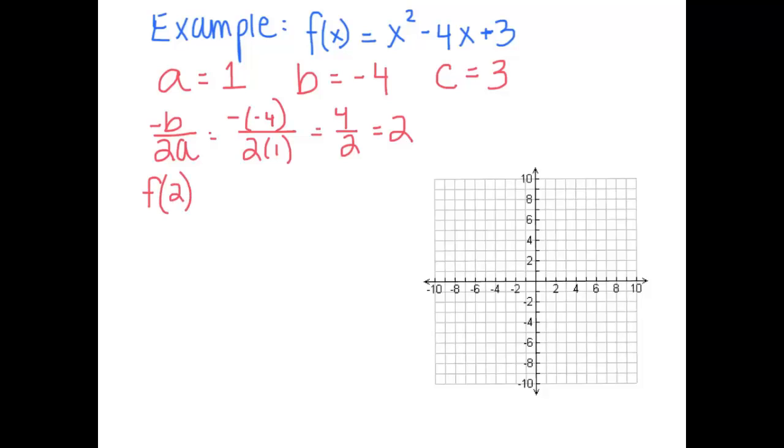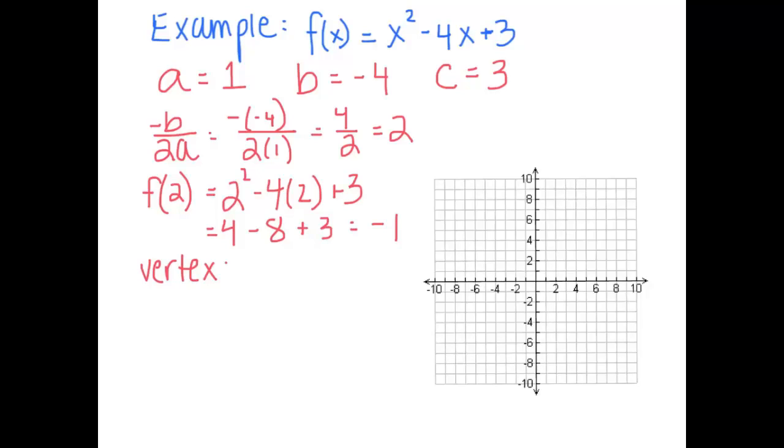I need to find f of 2. That would be 2 squared minus 4 times 2 plus 3. And that gives us 4 minus 8 plus 3, which is negative 4 plus 3, which is negative 1. Therefore, our vertex is at (2, negative 1).